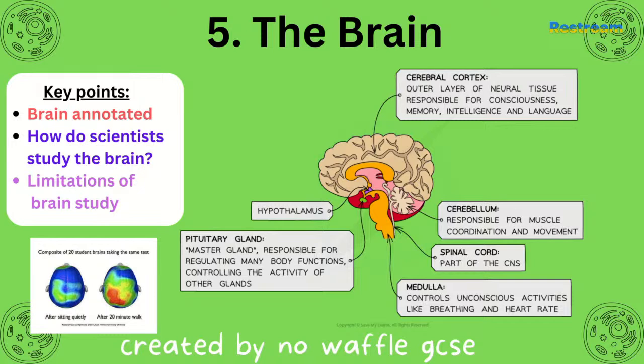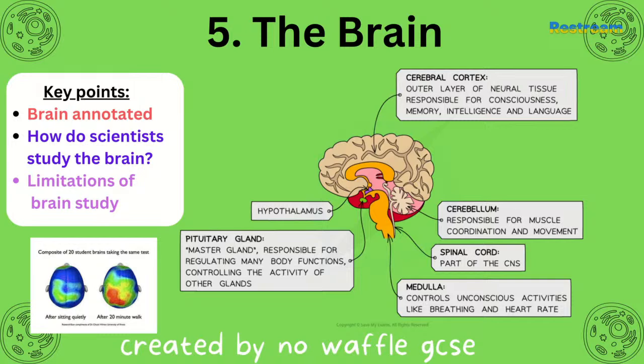Now, there are different parts of the brain that are responsible for different things. The cerebral cortex is the main part of the brain. This is responsible for things like language, memory, consciousness, things that require active thought. Now, the cerebellum is responsible for things such as muscle coordination and movement.